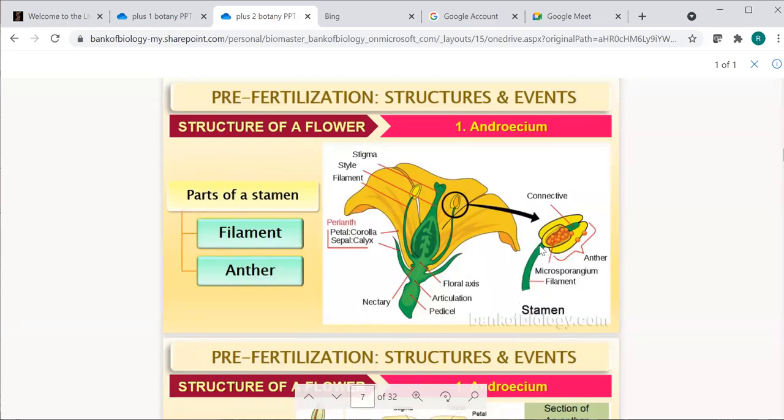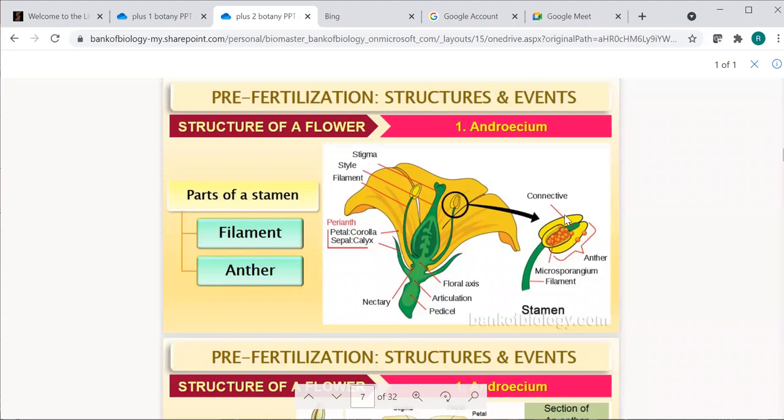This is the filament. And the anther is bilobed. So this is one lobe, this is the second lobe, and the two lobes are connected by something. What is that something? This is called connective.